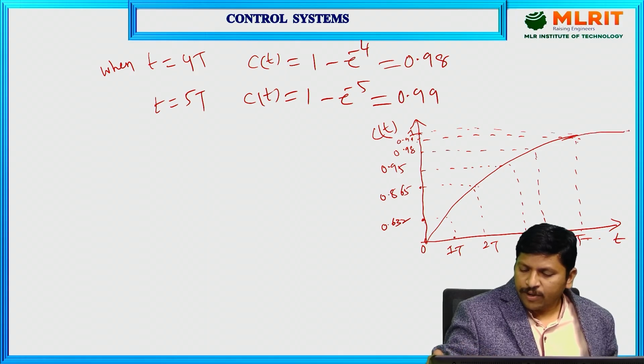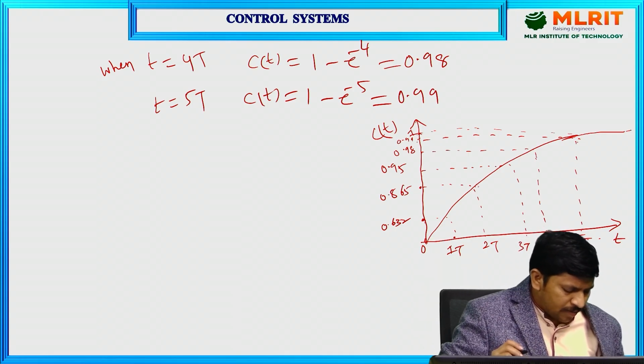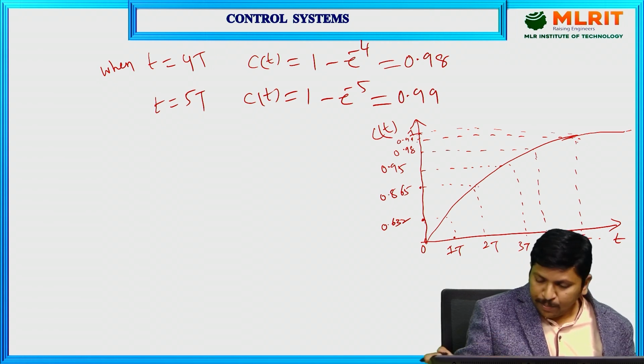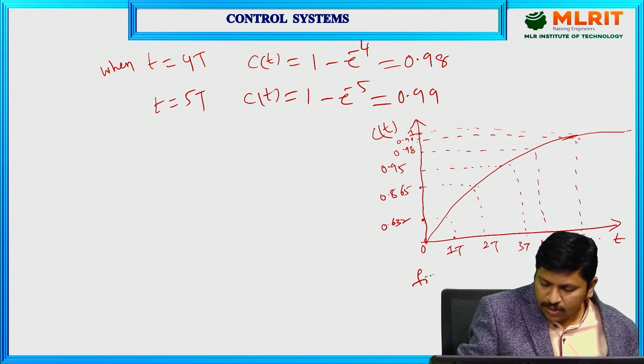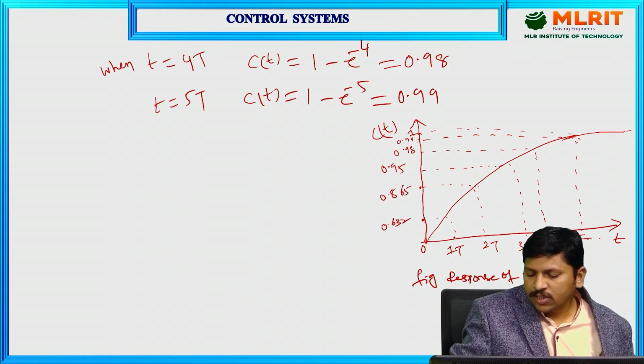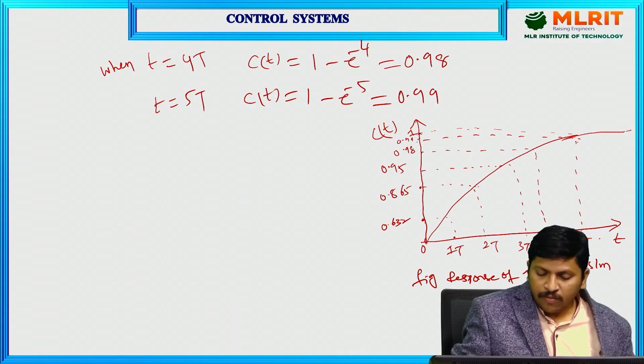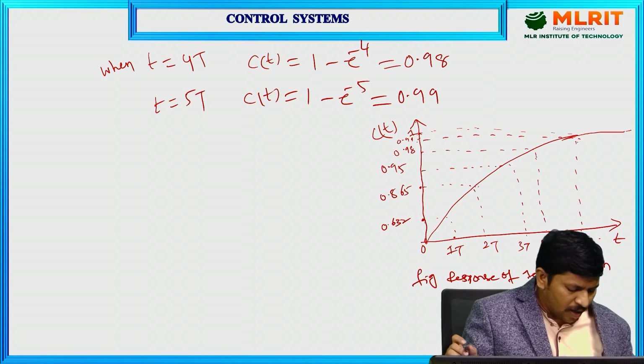So from 5T onwards, for t equals 5T, the response to the unit step input, this is the response of a first order system for unit step input. This is my output.